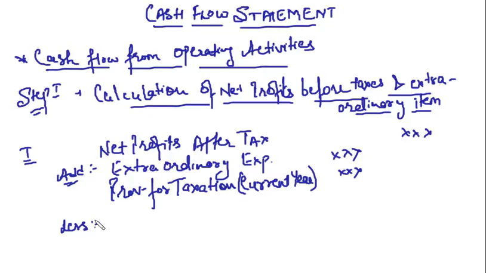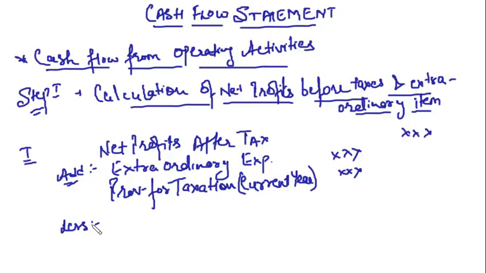Now, what are the items that are to be subtracted? If we say the extraordinary expense we are adding back because it was debited to profit and loss account, then there might be an extraordinary income also, which would have been credited to the profit and loss account. So we will subtract it. We would have added that income in our profits, but that income is not related to our routine operations of the business. So we can't take that income into our profits.